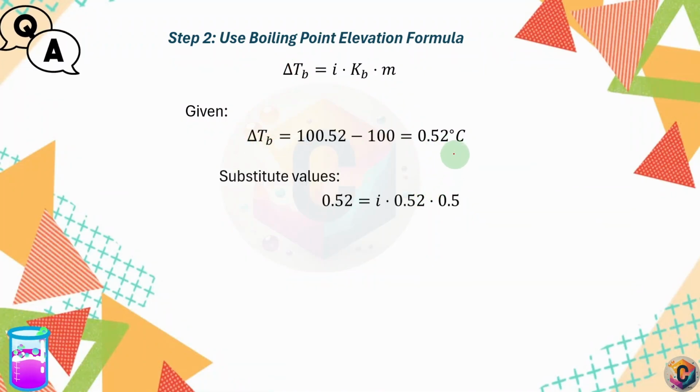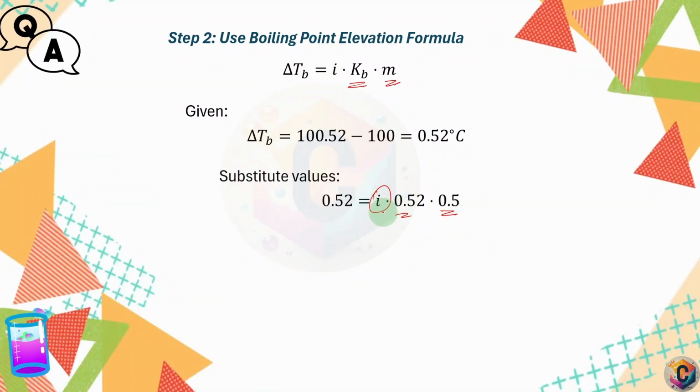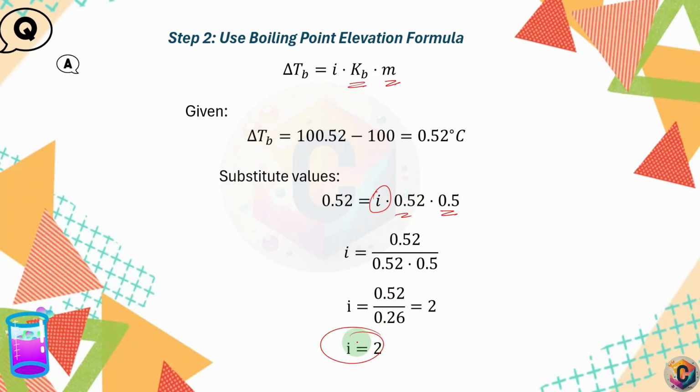Then by substituting the values, we'll first calculate the i value, because the Kb value is given and we calculated the molality. Since it is an AB2 type salt, it undergoes dissociation, so we need to calculate the i value. By rearranging this formula, I find the i value to be 2.